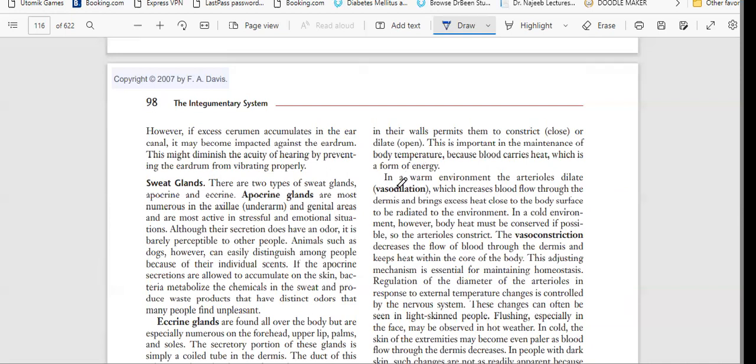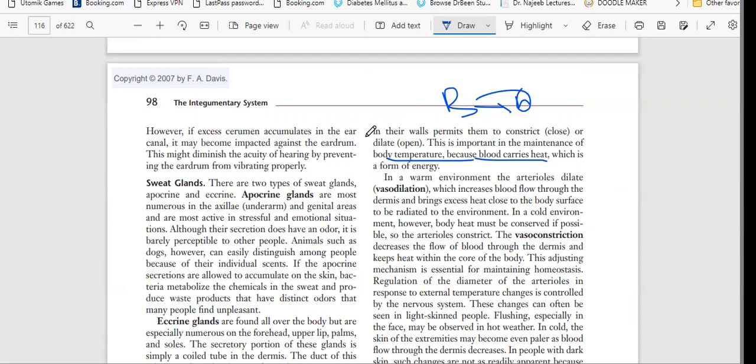Because to maintain the body temperature, because blood carries heat, which is a form of energy. Okay. So we have blood. In the blood, we have heat. Okay. So to maintain the heat stability, this function is given to the arterioles.